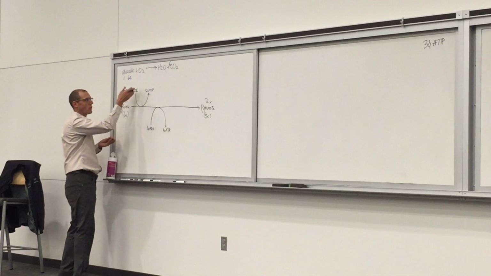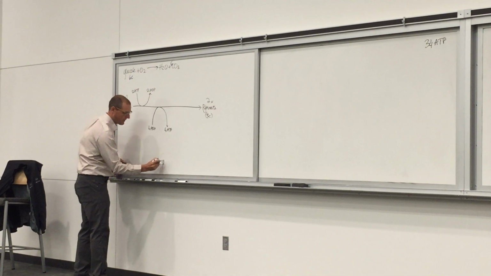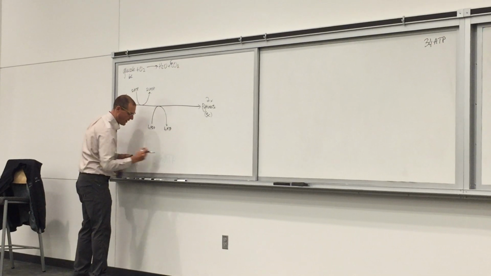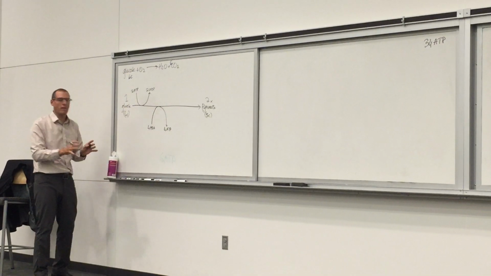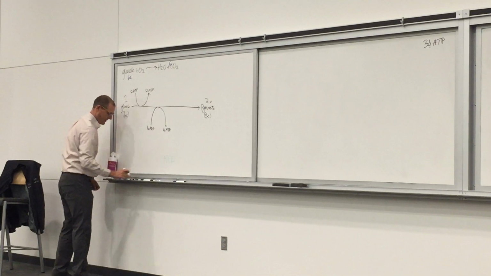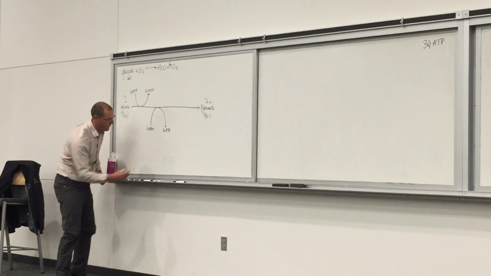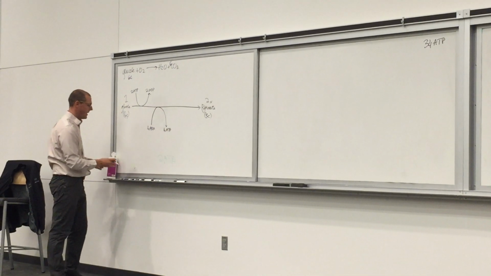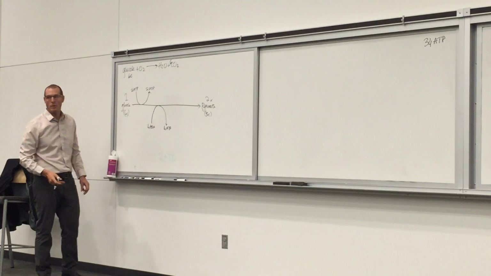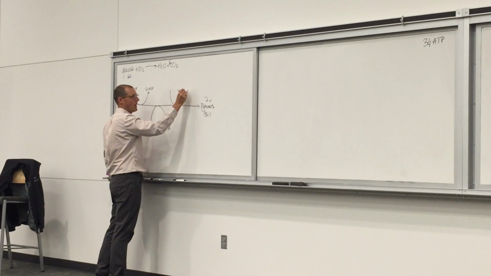Because these 4 minus the 2 we put in gives us a net of 2. So let's have 2 ATP down here that we can keep track of. Just keep track of the important molecules right now. Okay, so we've made a little bit of ATP. That's great. It's not that great, but it's a good start, I guess.